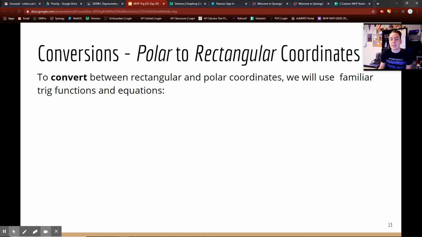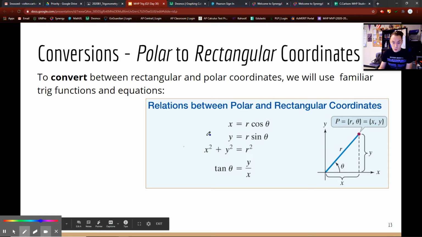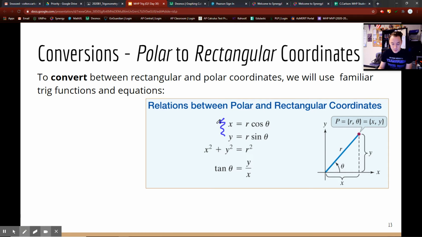So to convert between rectangular and polar coordinates, we will use familiar trig functions and equations. What are those familiar trig functions and equations? Well, look at these. We're going to be using a lot of these. So right here, these two I'm only going to be using for polar to rectangular. Now these, I'm going to show you where I get these and how I derive them. Just give me 1 second.